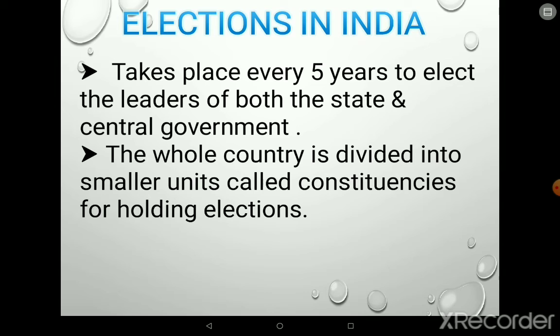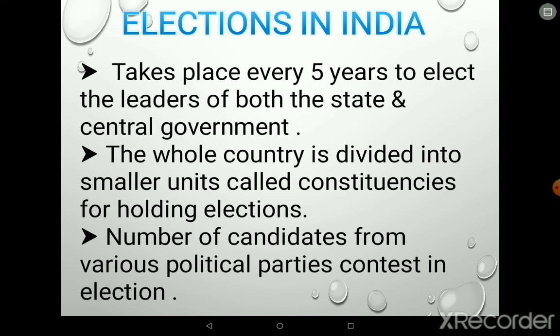Then during the elections, the whole country is divided into smaller units or smaller parts, and these units or parts are called constituencies, and these constituencies are made for holding elections in a proper way or proper manner. Then a number of candidates from different political parties contest in the elections, and they are from different constituencies also.